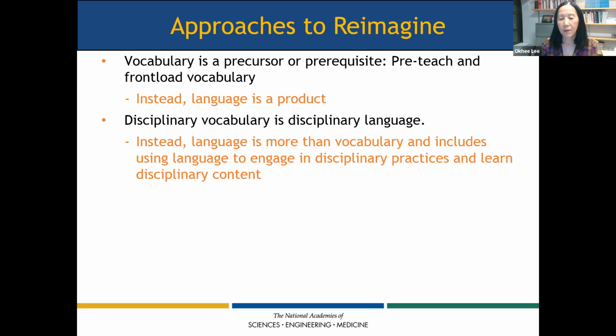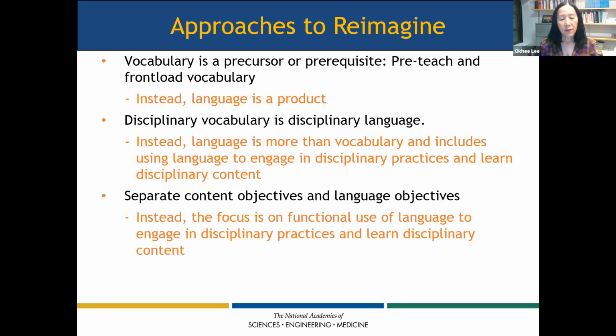What does that mean? When students ask a question, they're using language. When students argue from evidence, they're using language. When they construct an explanation, they're using language. And they may not use vocabulary, but they may still communicate their ideas using language. So it's a much more open way of thinking about language; vocabulary is not language.